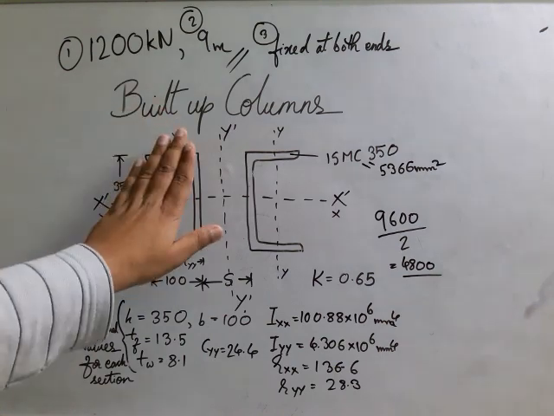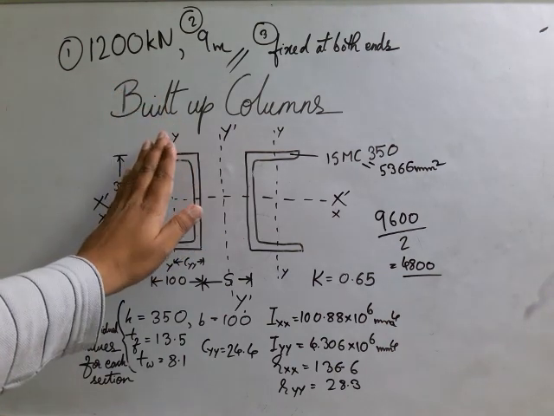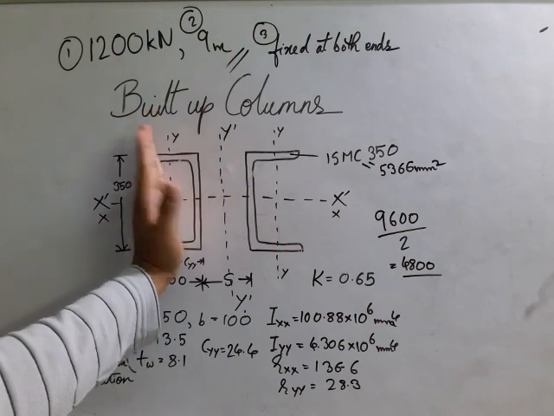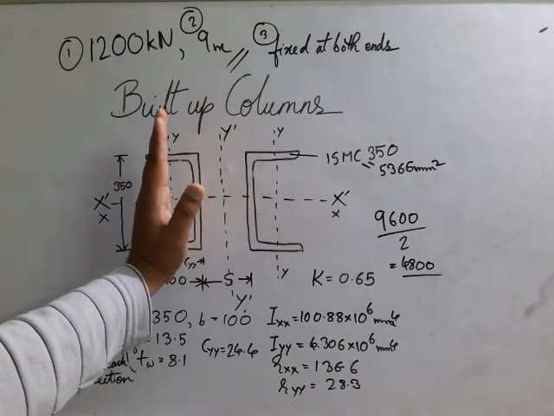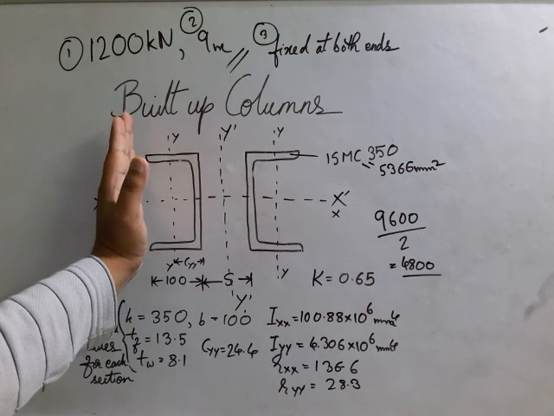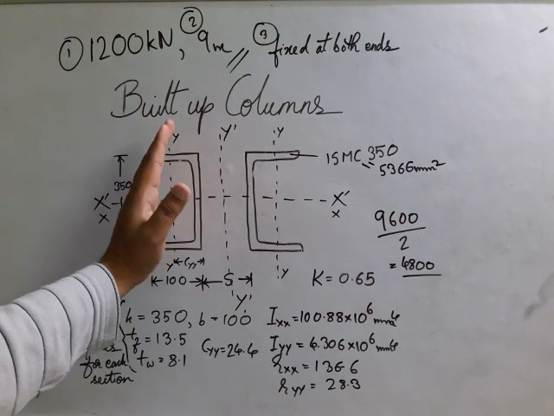So if we give a load on this section, it will try to rotate like this. That means it will rotate about yy because it is weaker.